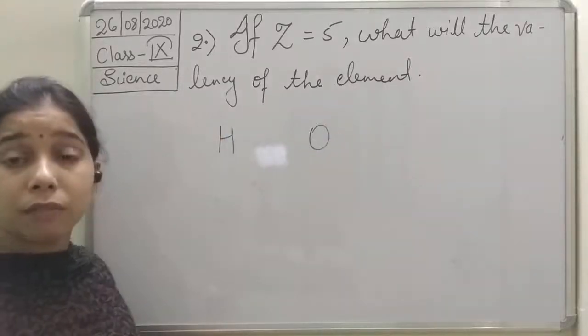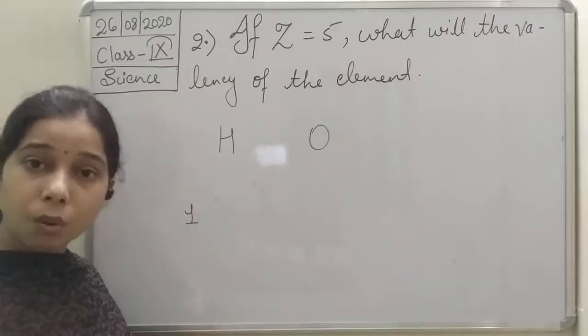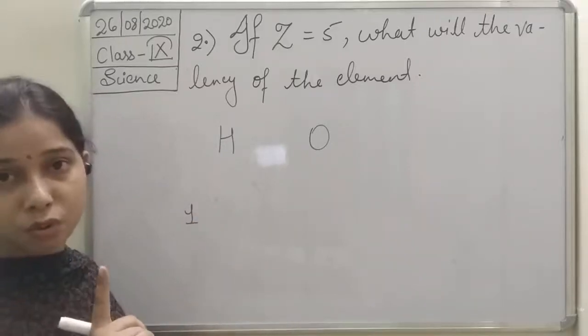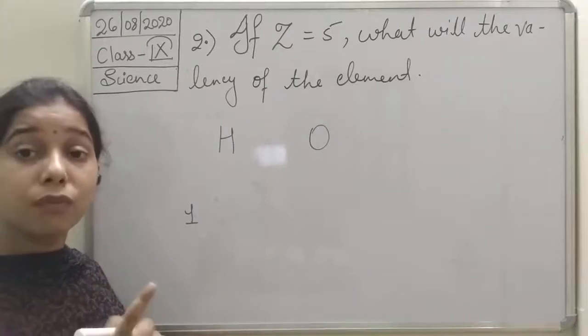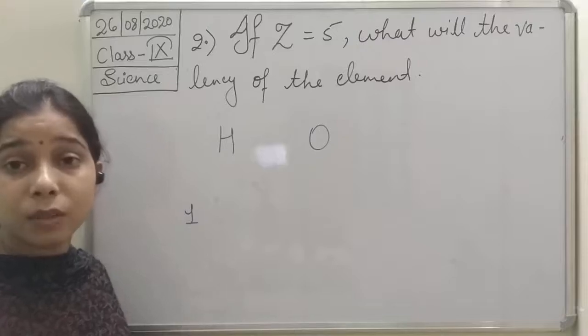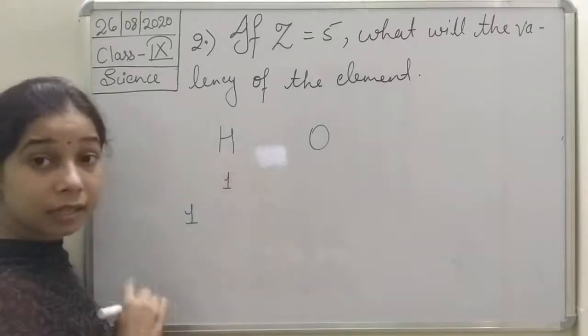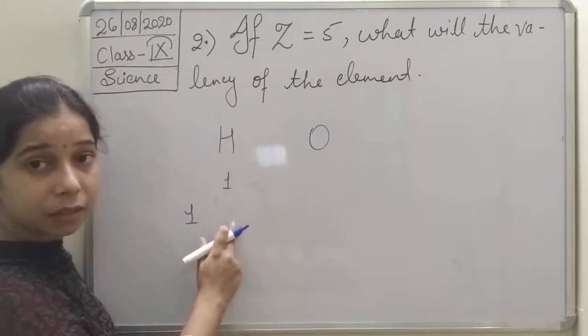You know that the atomic number of hydrogen is 1. So in the K shell, 1 electron is there, and it needs 1 more electron to complete its octet, so its valency will be 1. Instead of charge, we are writing valency here, remember that.